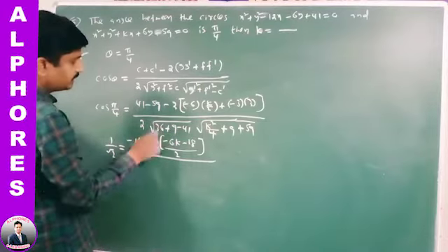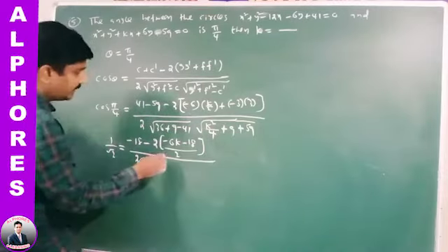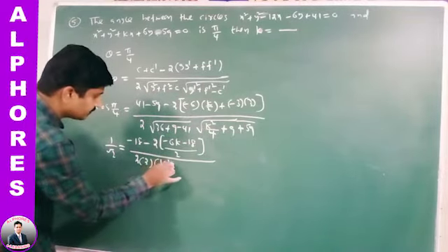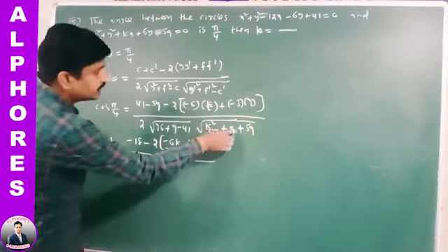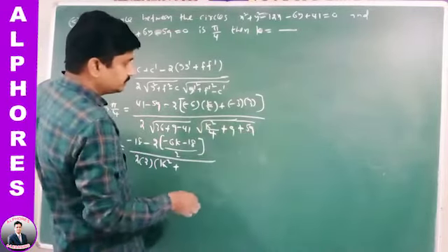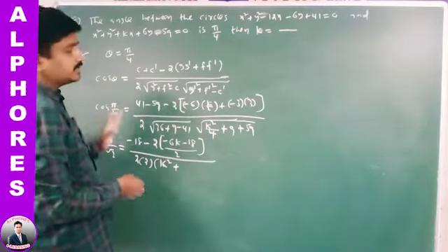Here 45 minus 41, it is under root of 4, this is 2, right. Here k square plus the 59 into 9, 59 plus 9, 68.